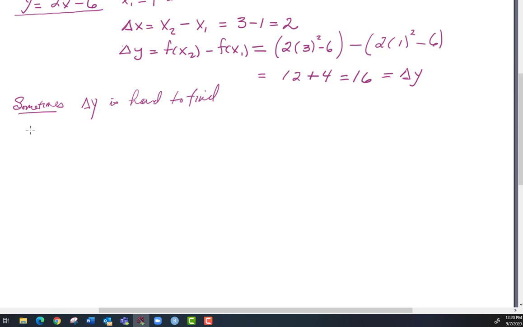But we can find something called a differential that's usually easier to find, and it's approximately the same as delta y.